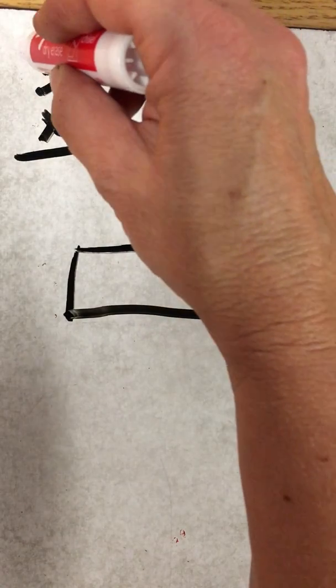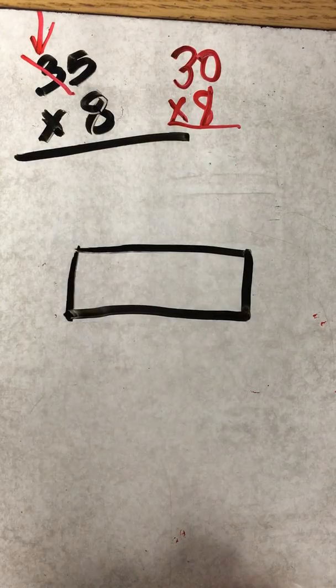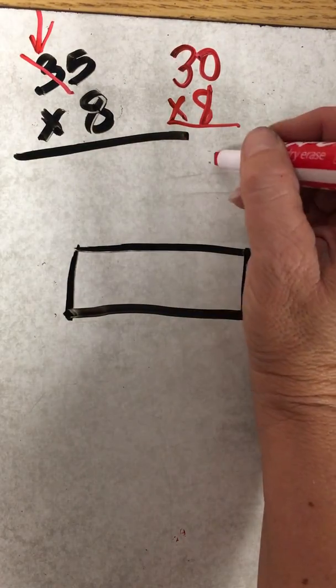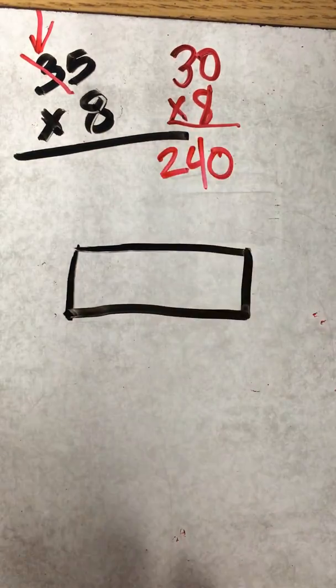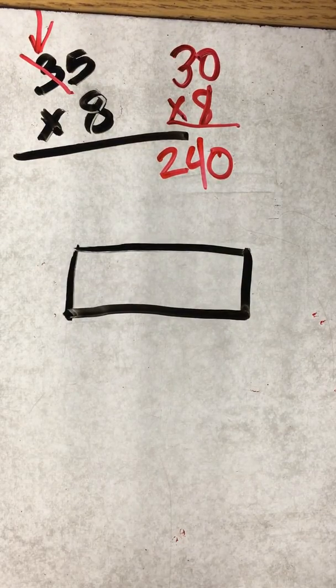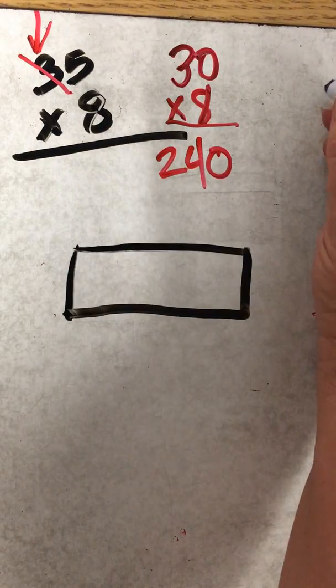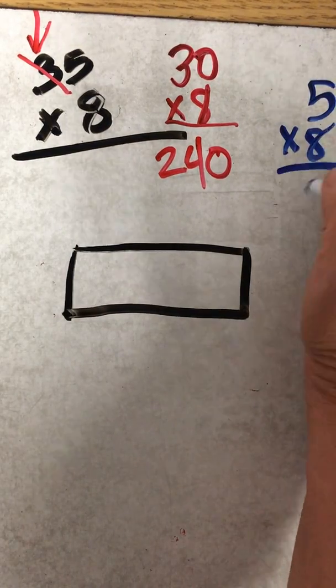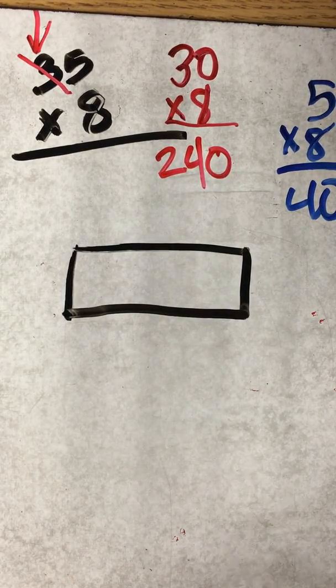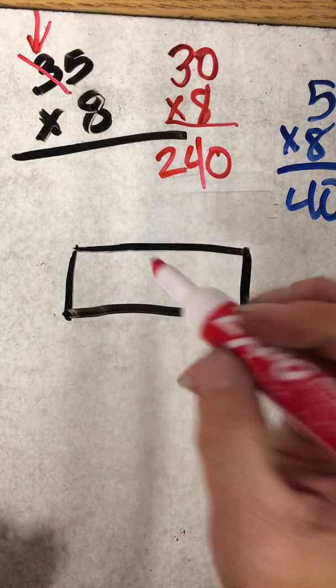Okay, and then now I've used up that 3. It's no longer part of the equation. 30 times 8. I had to think about that one. And then the second part is you still have to complete what was in the ones column. 5 times 8. Okay, so all that means is on our model, we're going to represent the length.